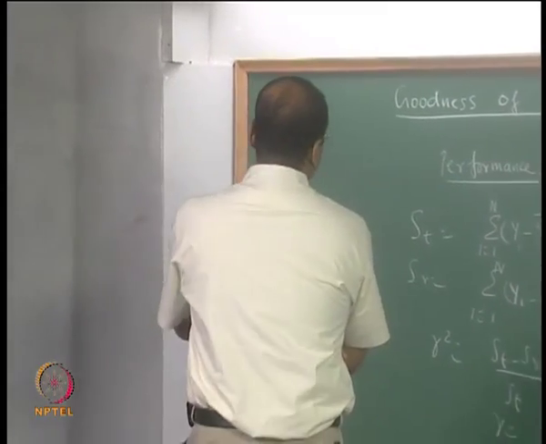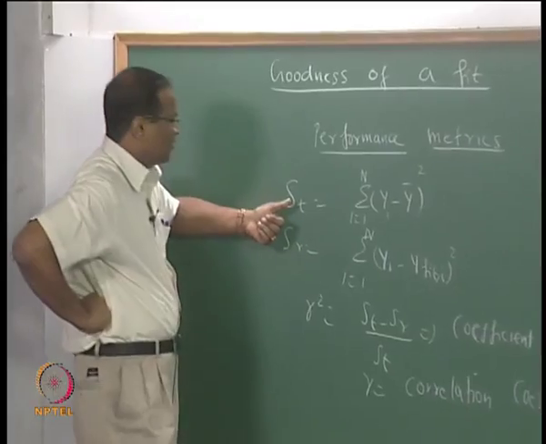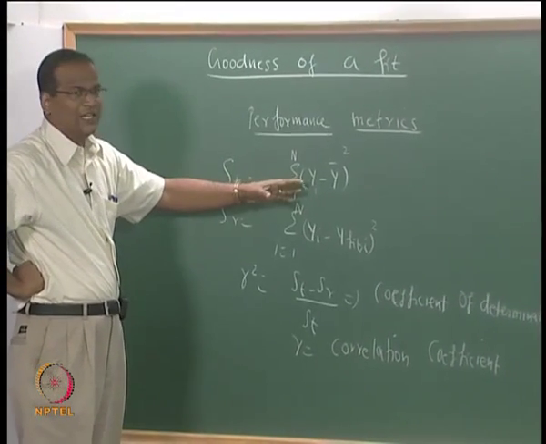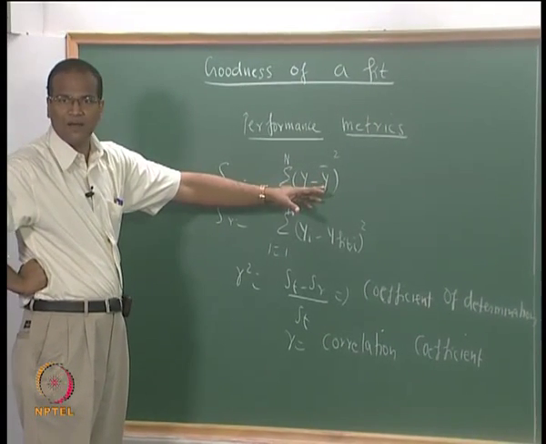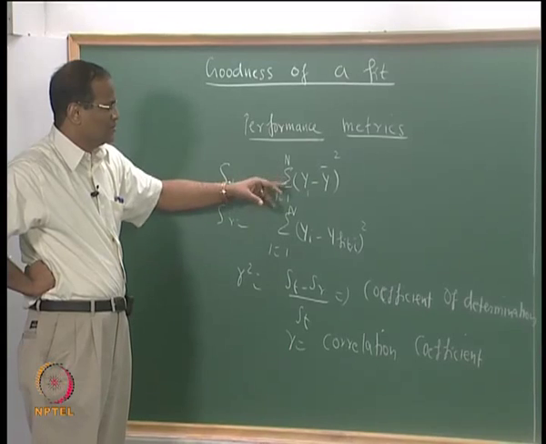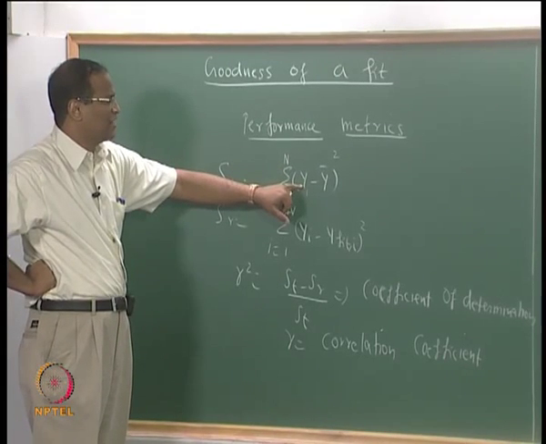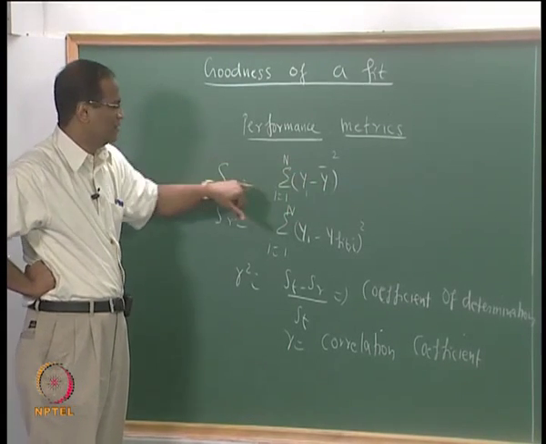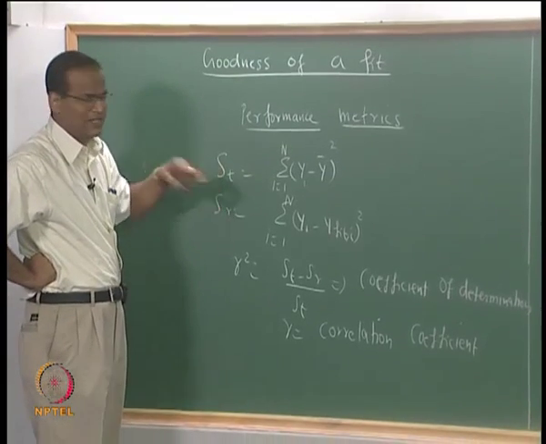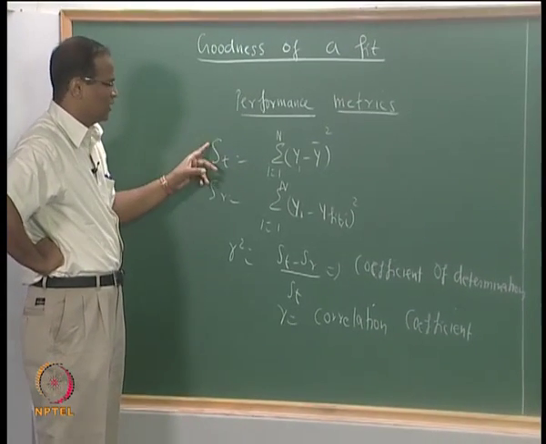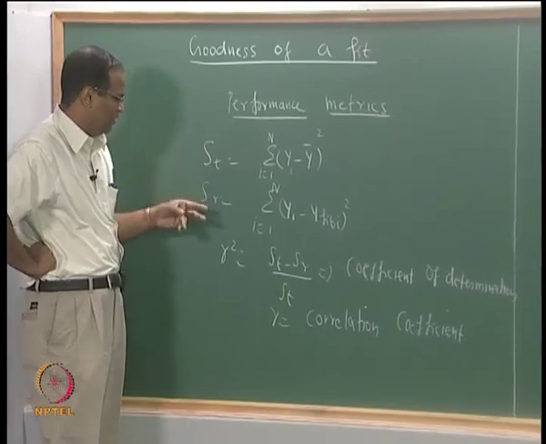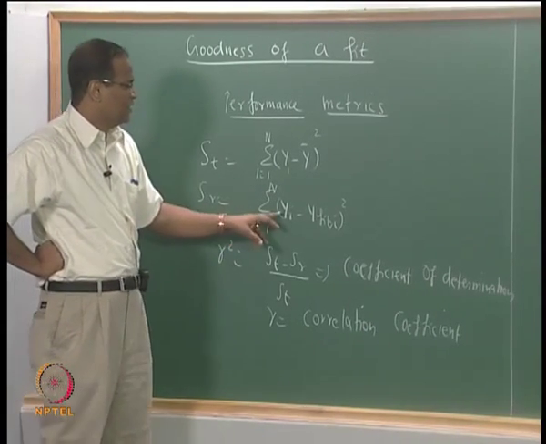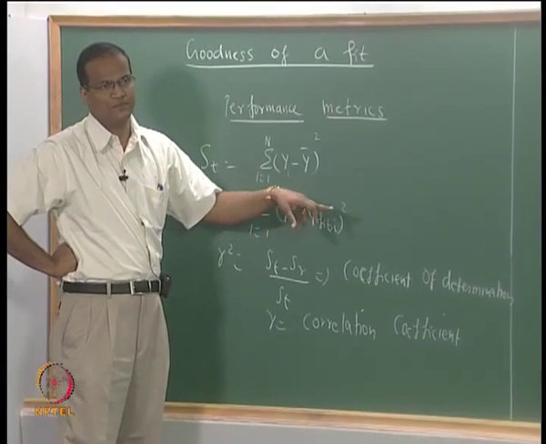The performance metrics are, first, before the correlation you had all the data and you had the y bar, that is the y mean. The sum of the squared deviation from the mean of all the data is ST, the sum total. SR is the residue, which is the sum of yi minus y fit, whole square.